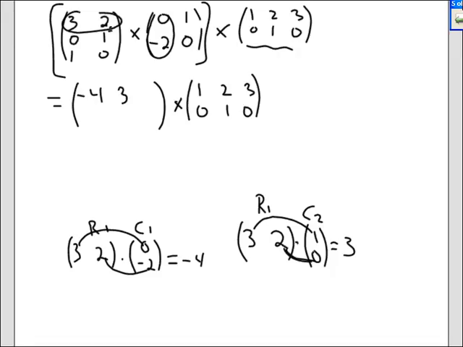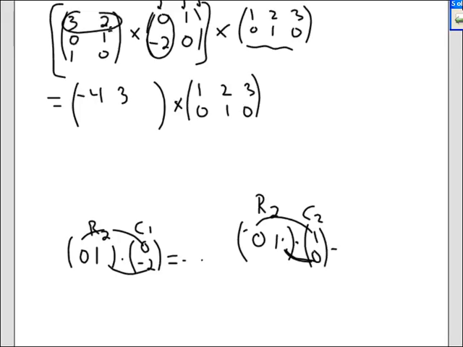Now, I'm going to take the first row and attempt to multiply it by not the first column, not the second column, but the third column. And I'm going to say, oh, there is no third column. So I'm going to go on to row number 2. Row 2 is [0, 1].